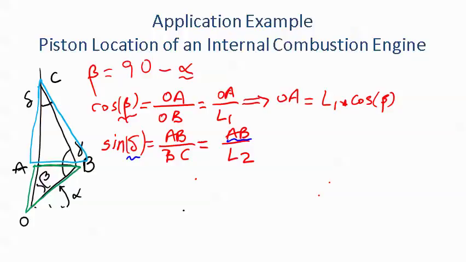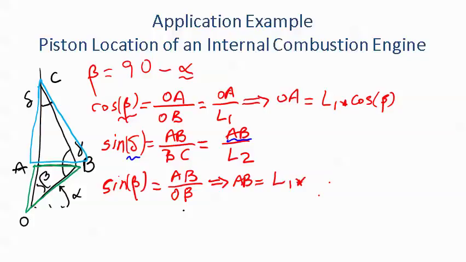Let us go ahead and take the sine of angle β. The sine of angle β will be equal to AB divided by the hypotenuse OB. So from here, we can solve for AB as L1 times sine of β. And we will take this result for AB and substitute it in the expression for angle delta.